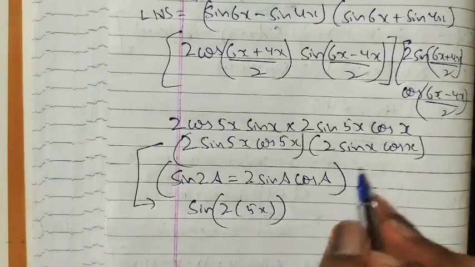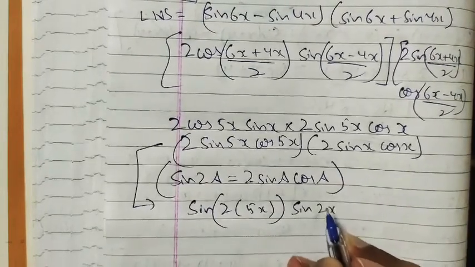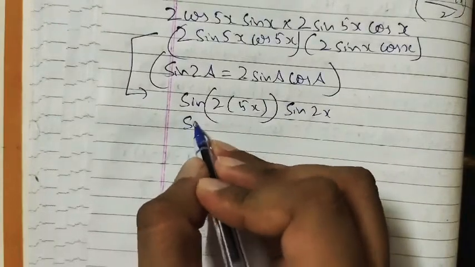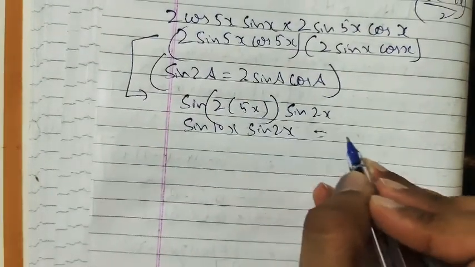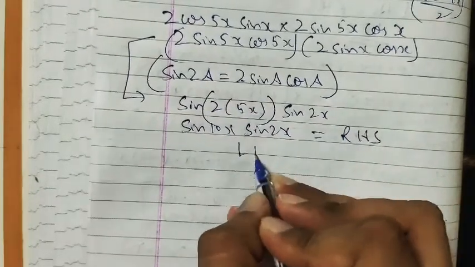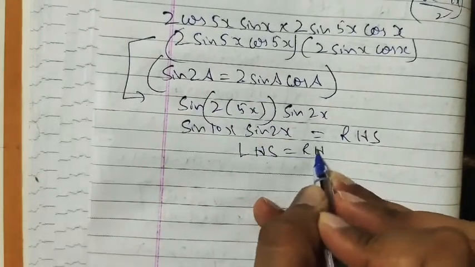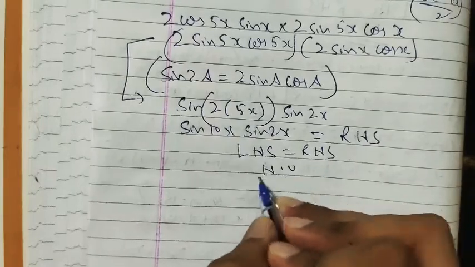Similarly from here also sin 2x, so this will be sin 10x sin 2x, which is equal to RHS. So LHS is equal to RHS, hence verified.